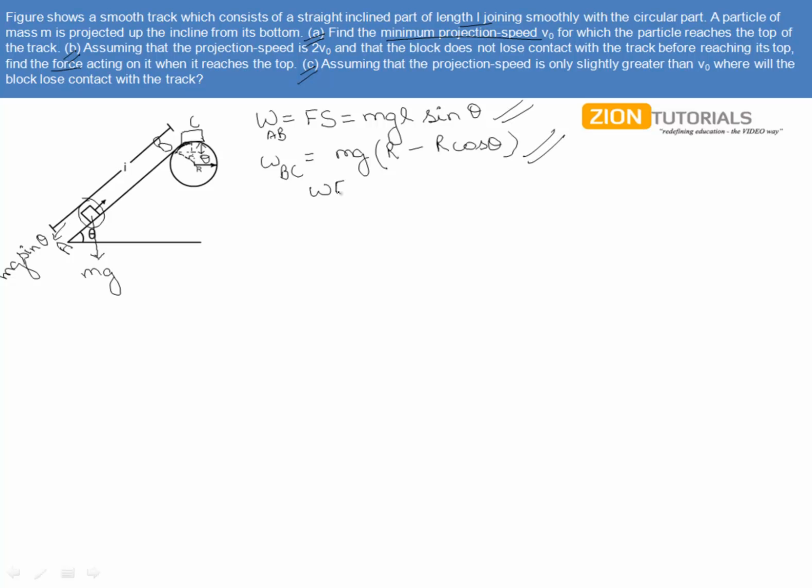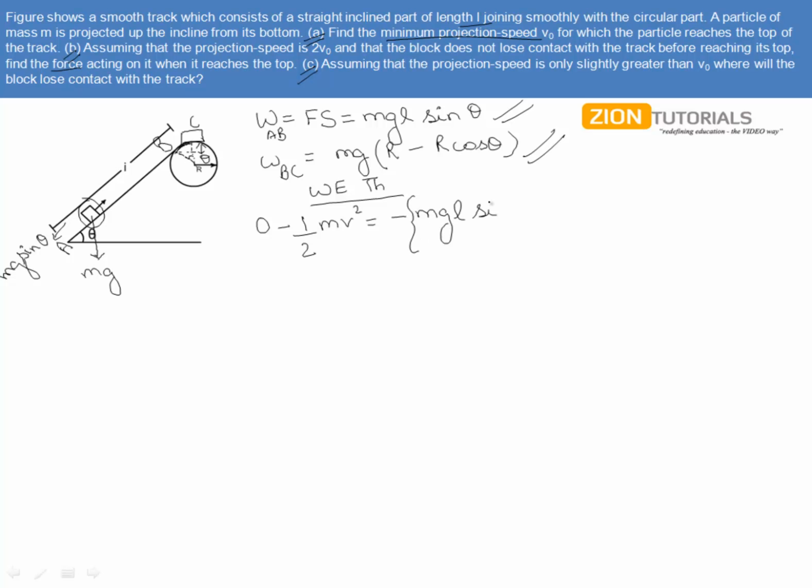So this is the total work done. Employing the work energy theorem, now here we have the change in the kinetic energy. If the initial velocity is v, then the final velocity is 0. So kinetic energy final being 0, initial being half mv square, equal to total work done, and work done will be negative of this, obviously, because it is in the opposite direction of the gravitational pull.